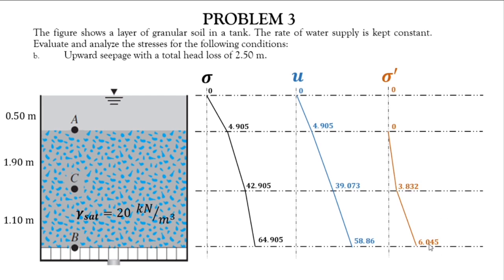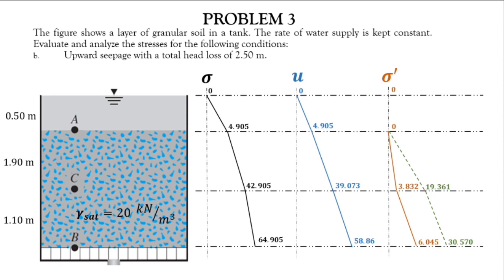Na compare natin yan sa kaninang nakuha nating value sa no flow. Ito, ilalagay ko lang dito. Ito yung stress sa no flow. So, kung i-try nyo i-compare, 19.61 siya dati sa point C nung no flow. Kasi nung nagkaroon ng upward flow, bumaba. Naging 3.832. So, napakalaki ng change, ng decrease kapag nagkaroon ng upward flow.